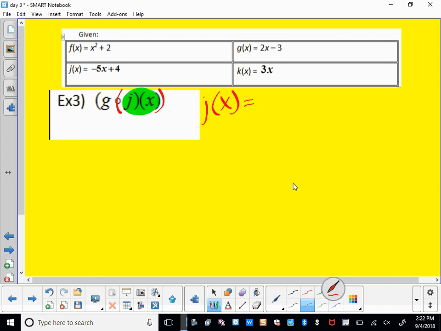So what is j of x? Negative 5x plus 4. On the outside, I have g of x. So my g of x is 2x minus 3.